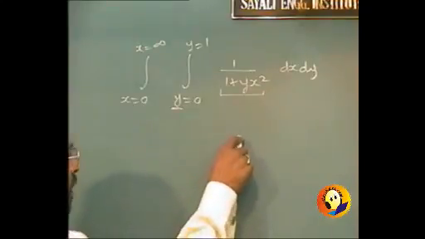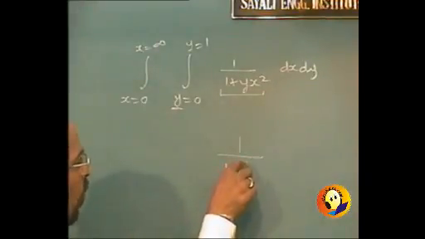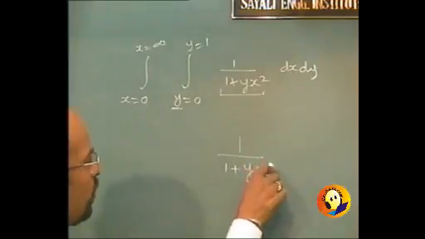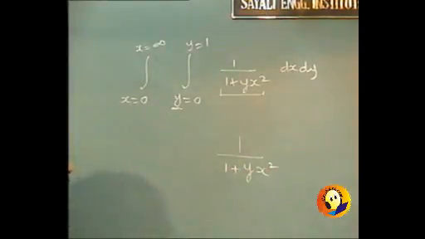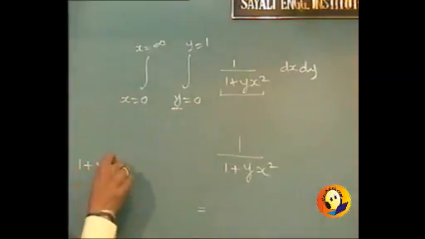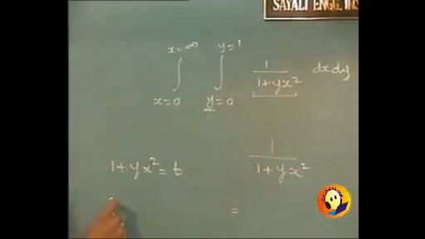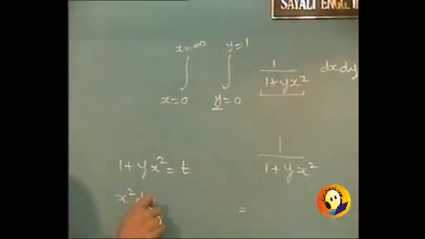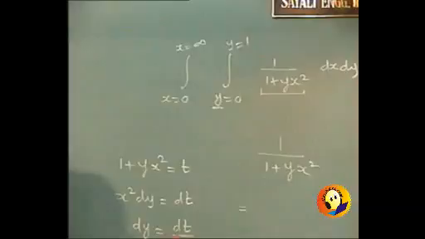Here we are interested in 1 upon 1 plus yx square to be integrated, and this integral will come out to be, if you make the substitution 1 plus yx square equal to t, then after differentiation it will be x square dy is equal to dt, and so you are required to adjust for x square because dy will be dt upon x square.